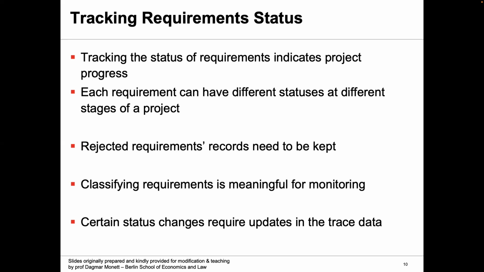Again, it's not part of the course, but that matrix is a really common way to represent the changes that you are making in the status of the requirement and the changes that you correspondingly make in either the design or the coding or the testing of the requirement.